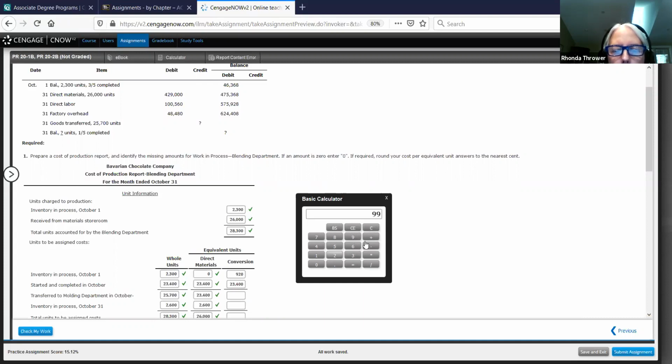So 920 units, plus 23,400 units that I got here. These two combined together equals 24,320 units.